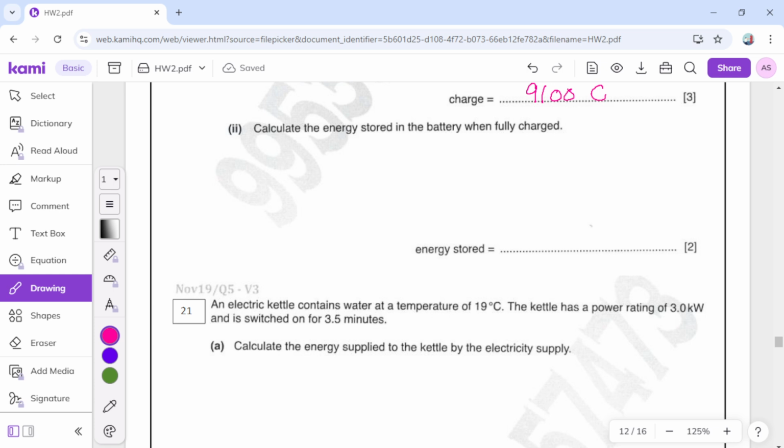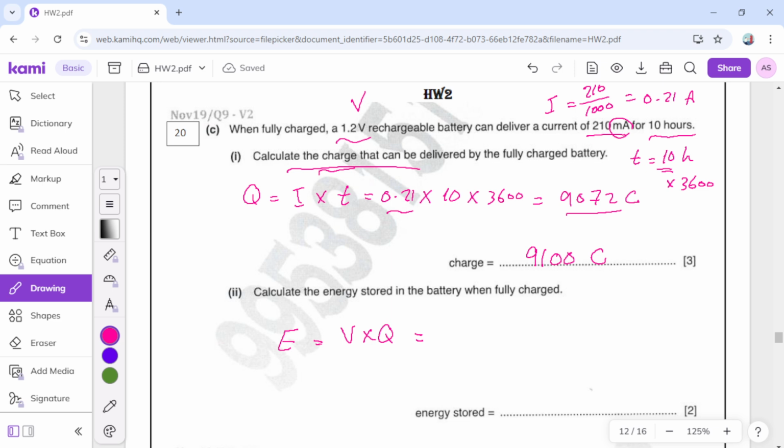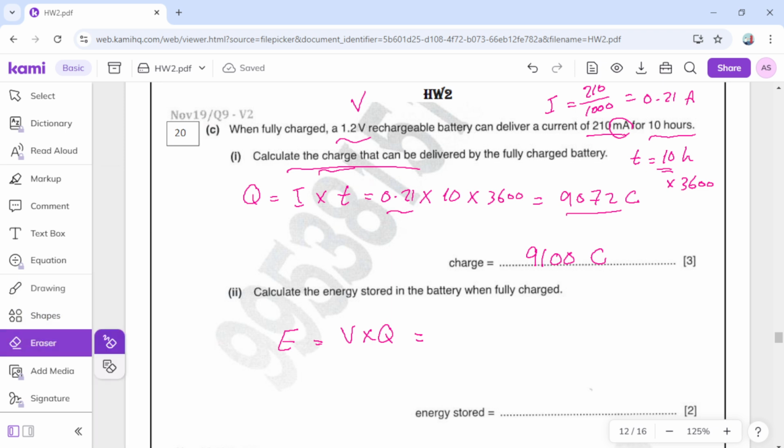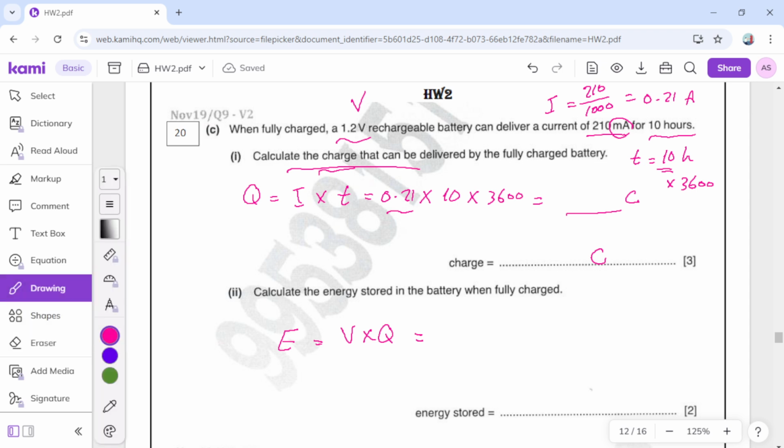Calculate the energy stored in the battery. He asked to find energy. Okay, you can write energy equals V multiplied by charge. V is 1. Sorry, I have a mistake here. This answer using my calculator gives me 7560.